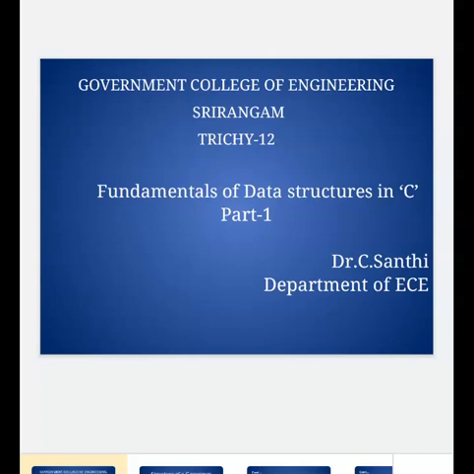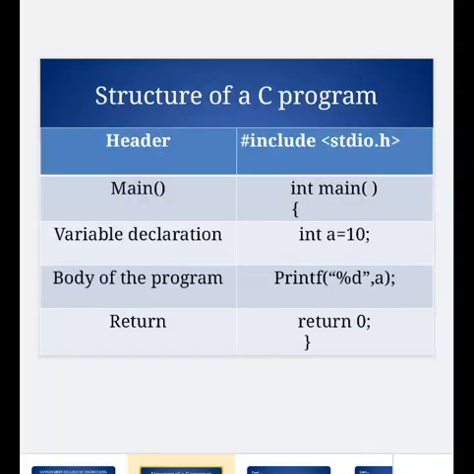Before going into the structures, we should learn C programming, which is the basic tool for the above operations. First, let us see the structure of a C program. To learn the structure of a C program, take a very simple C program which prints an integer value 10 on the screen.